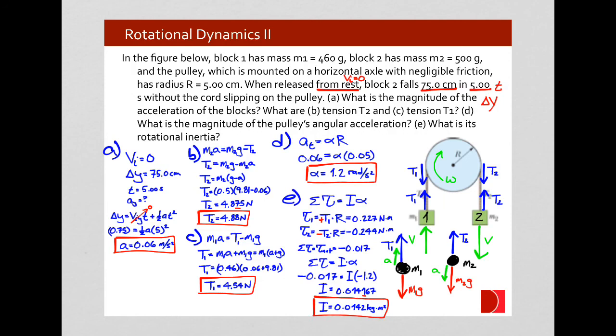Now this seems like a small amount, but if we take into account the fact that the pulley is quite small, its radius is only 5 centimeters, we can calculate that its mass is about 11 kilograms, so it's quite heavy.